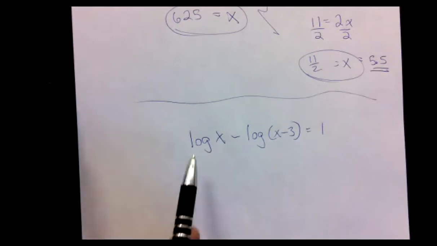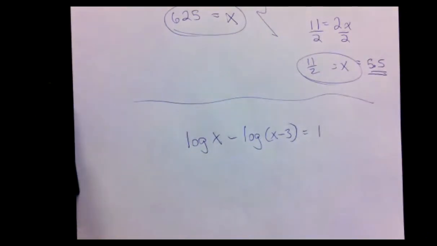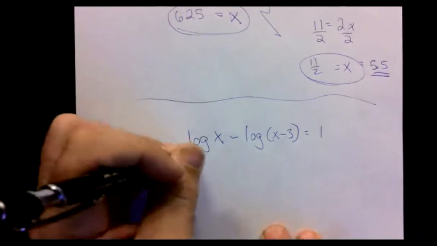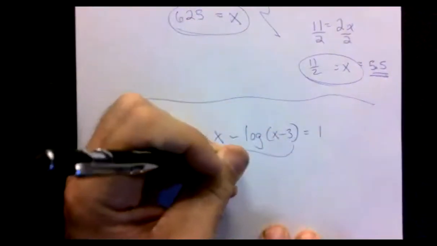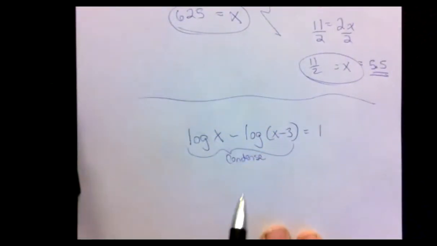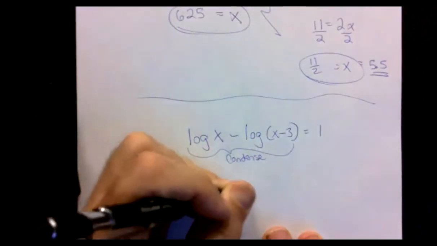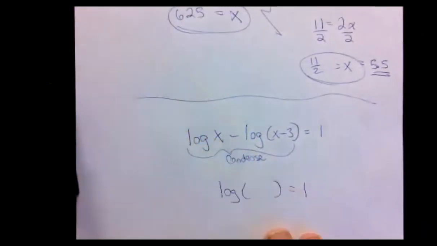Now, because we have multiple logarithms, we can't do our rewrite. We can't do a rewrite with our exponents because we have multiple logs. So you got to go back to the previous chapter. We need to condense this. We need to take these multiple logs and rewrite them as one singular log.